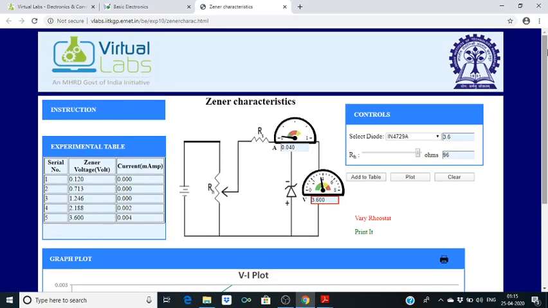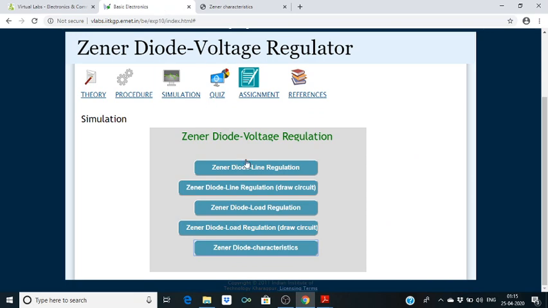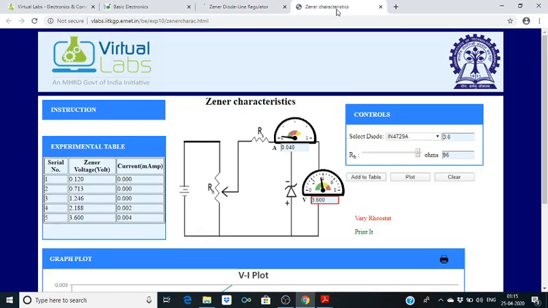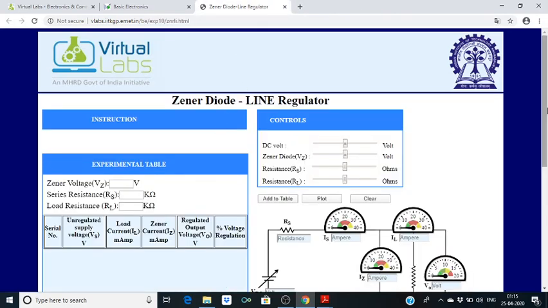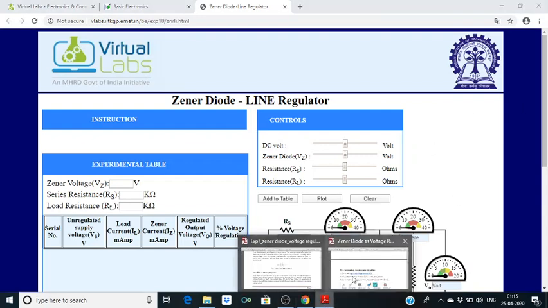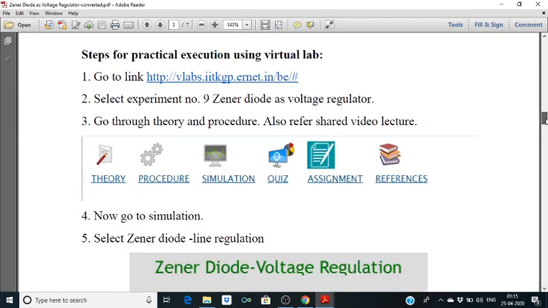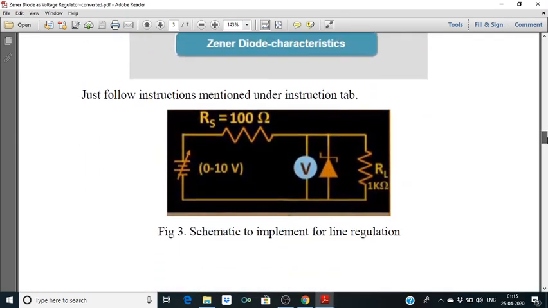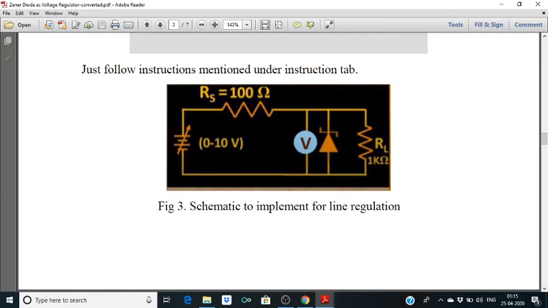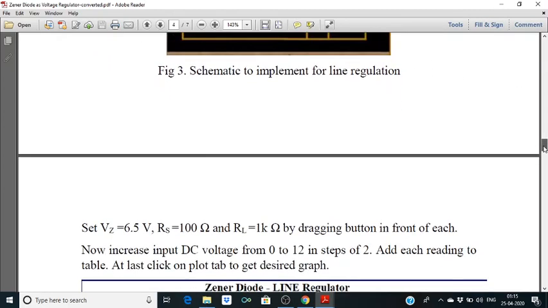So now we will go to Zener diode line regulation. Here we will take a specific VZ value. Suppose in line regulation, in this circuit we are implementing, we are taking RL equal to 1 kilo ohm, RS equal to 100 ohm, and we are changing the input voltage VI from 0 to 10.